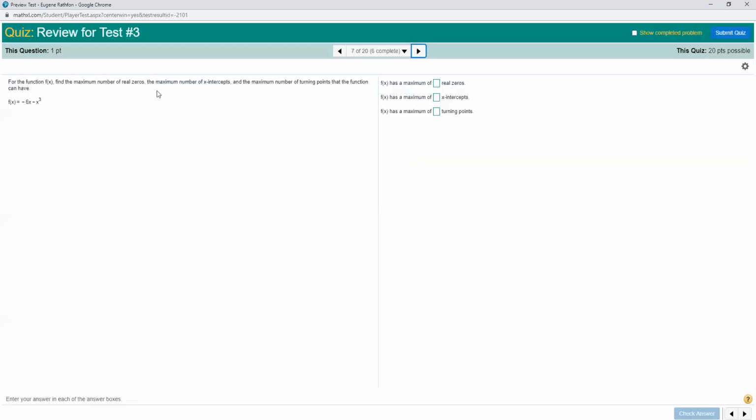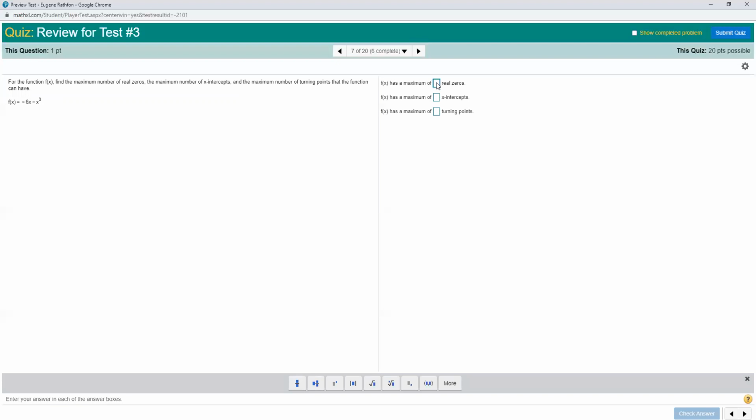All right, so we're going to find the maximum zeros, the maximum x-intercepts, and the maximum number of turning points. So the degree of this polynomial is 3, right? So we know that the maximum number of real zeros is equal to the degree, which is 3.